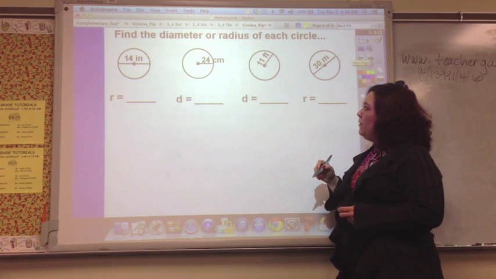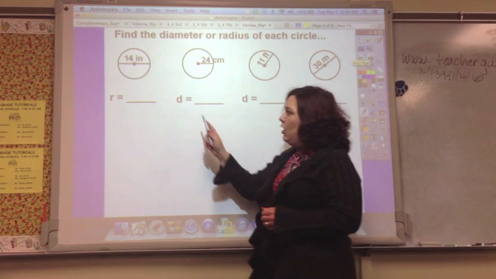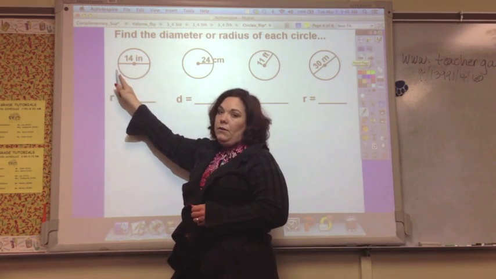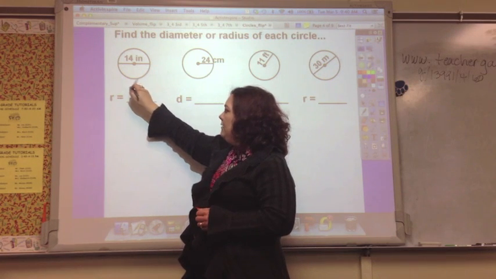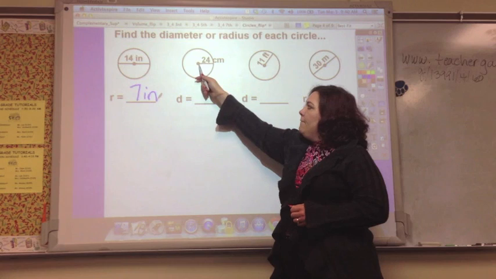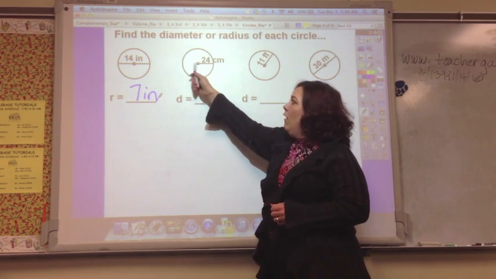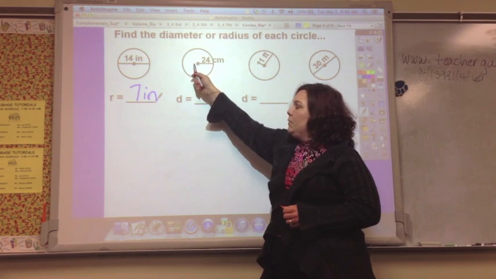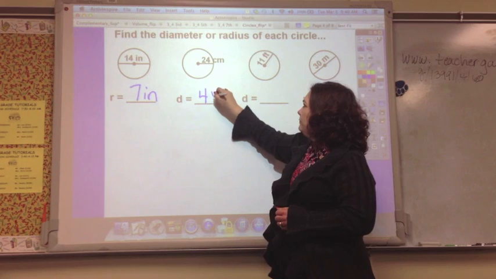So find the diameter or the radius of each circle. So this shows the diameter. So to get the radius, which is half, you would say 7. And then this is half. So it's the radius, and that's 24. To get all the way across, you'd say 24 plus 24, or 24 times 2 is 48.